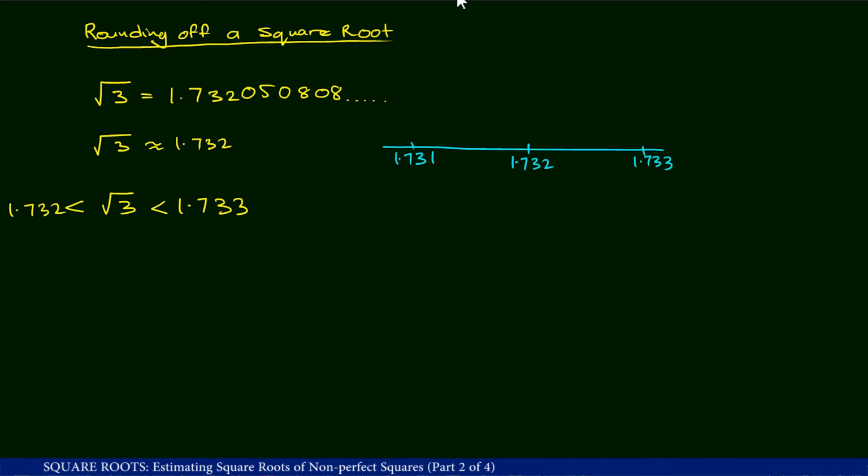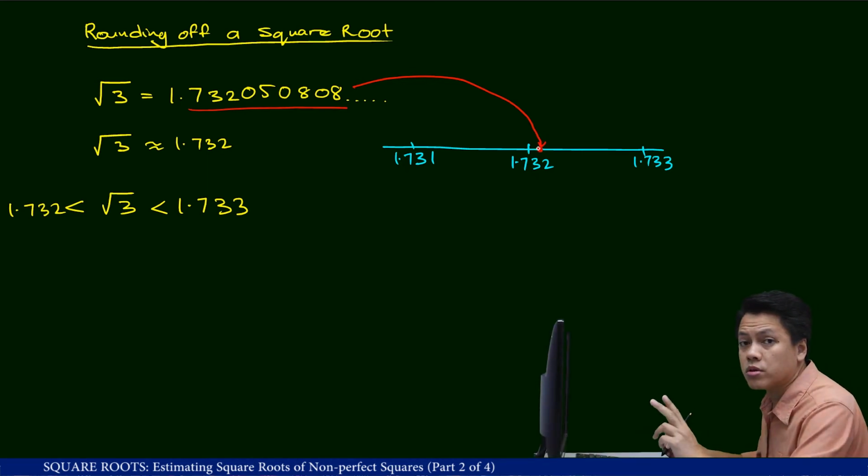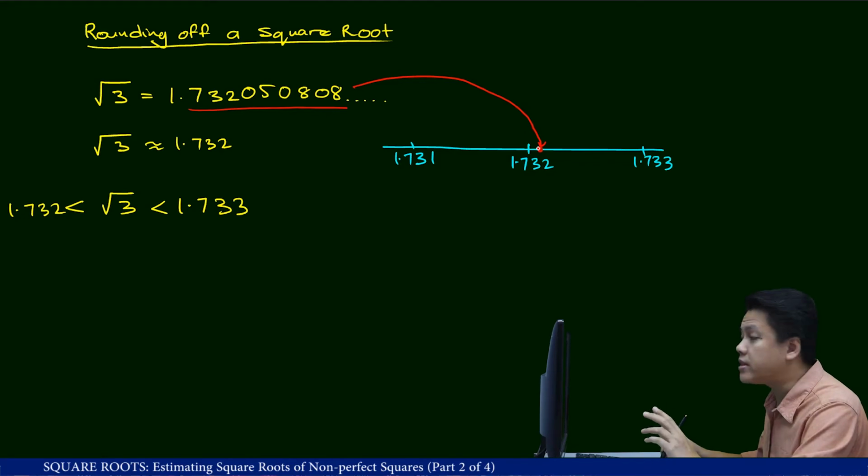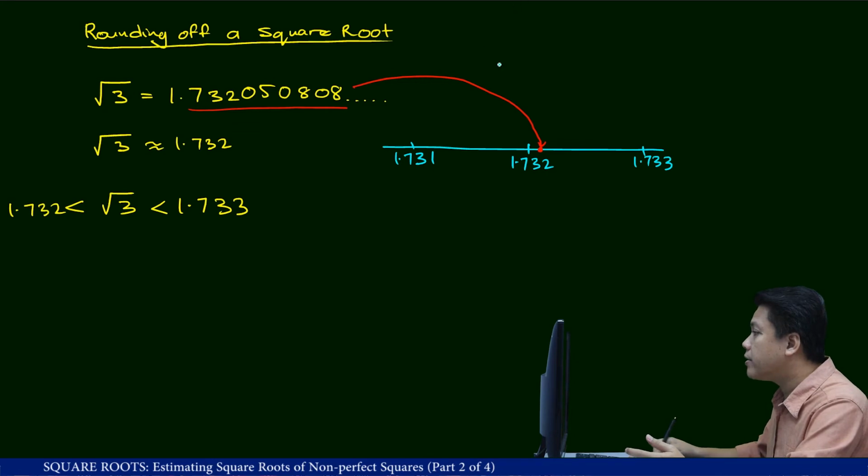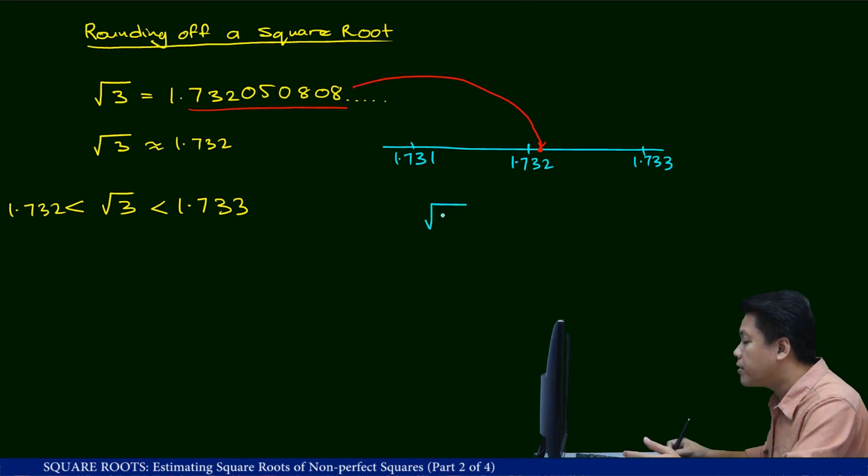And the value of 1.7320500808 as displayed in the calculator sits right here, roughly at this point, which is actually closer to 1.732 rather than 1.733. That means we can write the result of square root of 3 is equal to 1.732, and we put a comment there as correct to 3 decimal places.